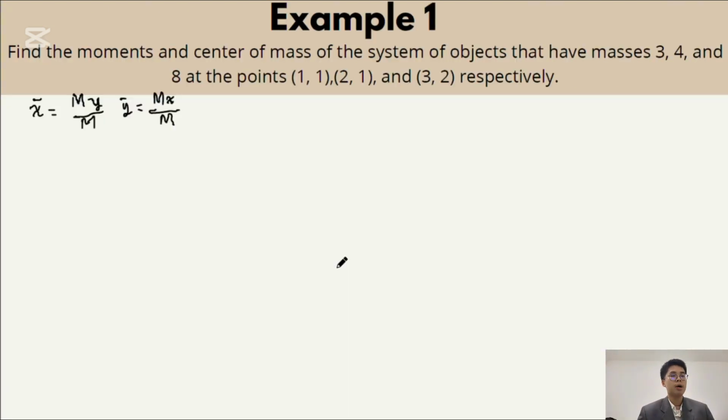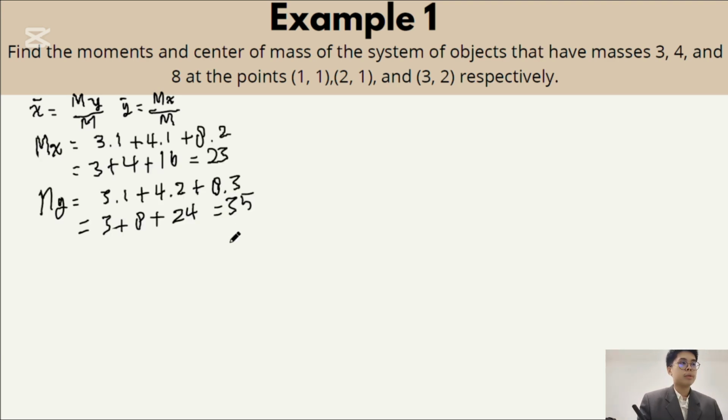Now I'll explain the example question about moment and center of mass. In the question, they have masses 3, 4, and 8. The points are (1, 1), (2, 1), and (3, 2) respectively. First we need to find the moment about y. Then after that we need to know the total mass.